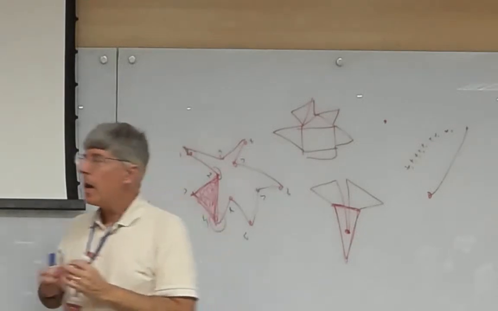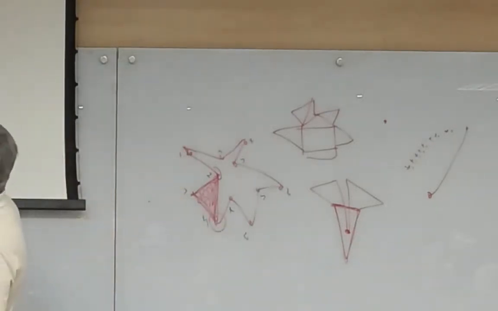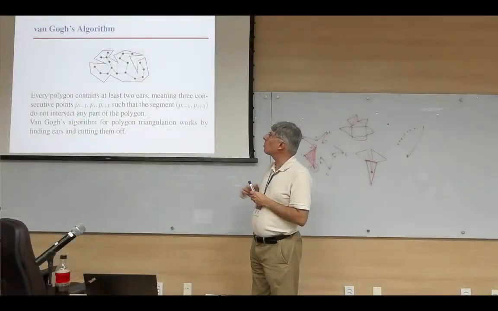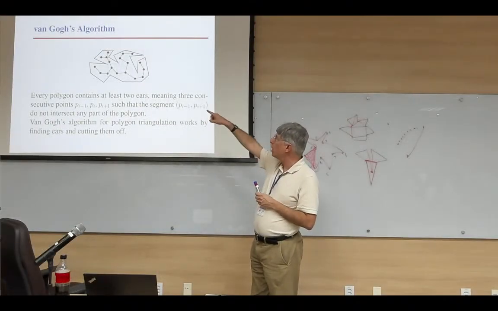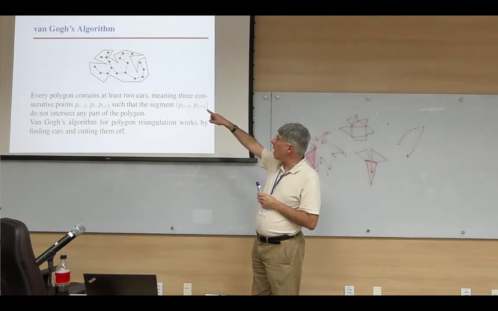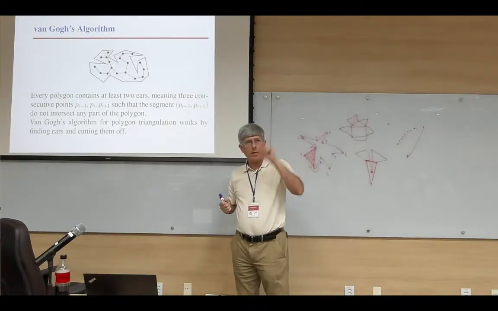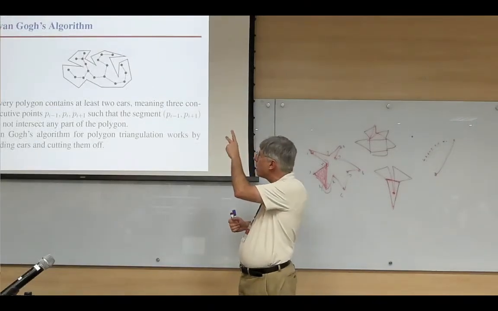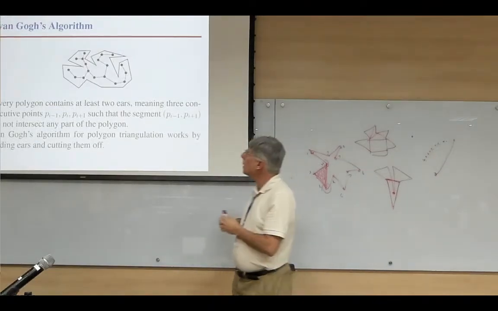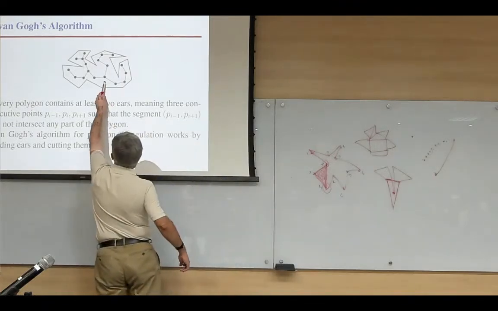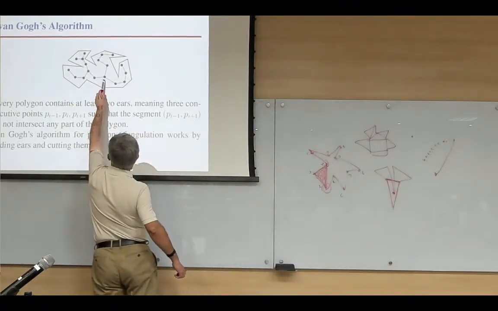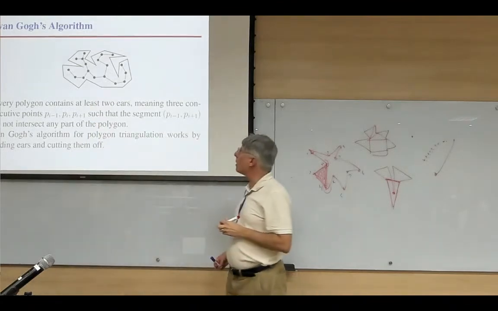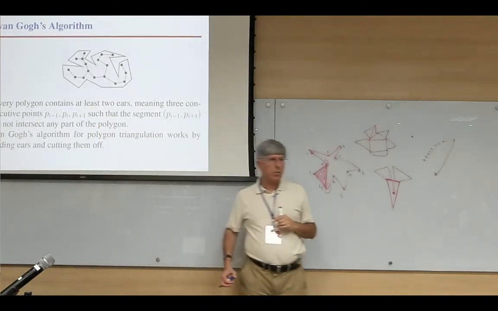The dual graph for a triangulation is this: for every triangle we have a vertex, a point inside the triangle, and we connect it to the triangles that border it. So this node up here is of degree 3 because this triangle borders on 3 other triangles.